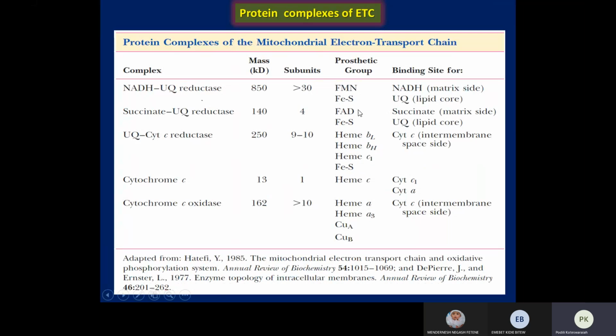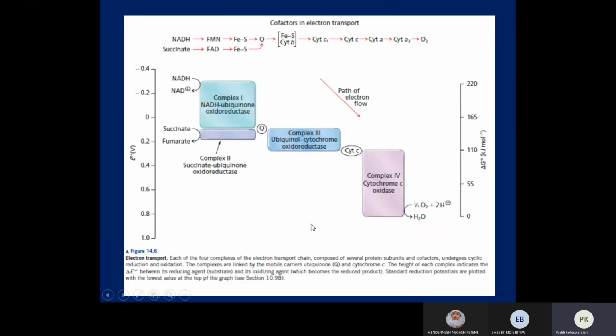In addition, complexes 1, 2 and 3 also have several iron sulfur clusters, and cytochrome C oxidase has heme A, heme A3, copper A, and copper B cofactors.